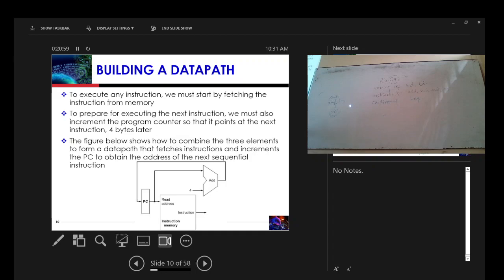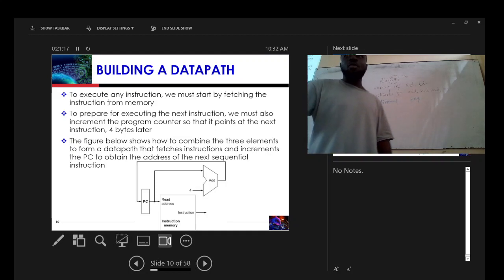So the PC is connected to one of the inputs of the adder. We have the 4 here, and then we have the add here. So the add will perform PC plus 4, then store it back to the PC, and that will be given to the read address. Right?